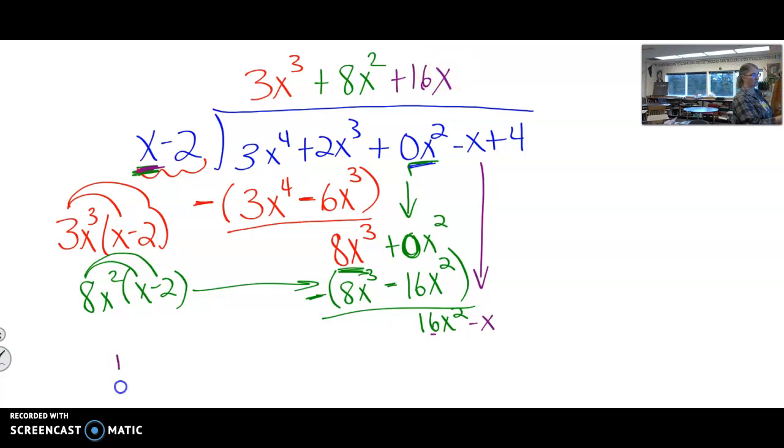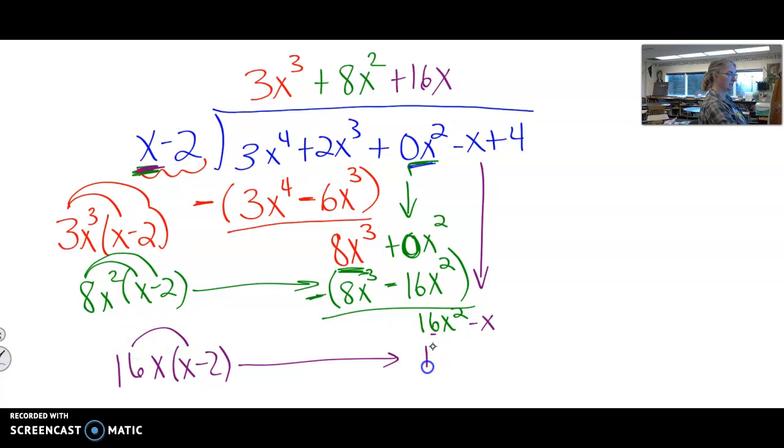So now I'm going to go 16x times this x minus 2, and put that right underneath those two terms. 16x times x is 16x squared. And 16x times the negative 2 is minus 32x. Then we're subtracting. So I have a negative x up here minus negative 32x. So I'm going to add 32 to negative 1, which makes it a positive 31x.